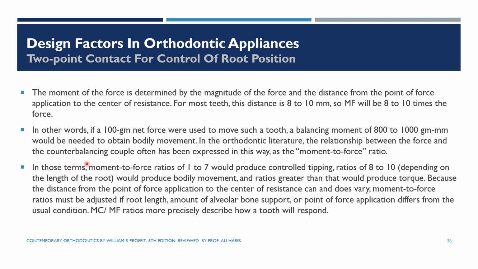If the counteracting moment ratio to the force is less than 8 to 10, between 1 to 7, then we expect to have tipping movement. If the counteracting moment to force ratio is more than 8 to 10, then we expect the tooth to have more root movement than bodily movement.